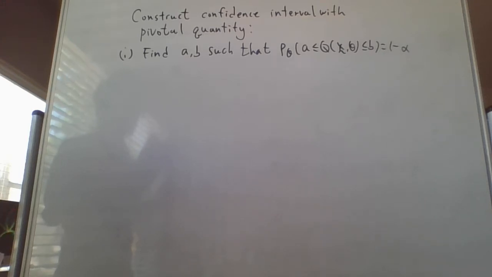So the distribution of Q does not depend on theta, so usually we can easily find the distribution of Q and also find A and B.